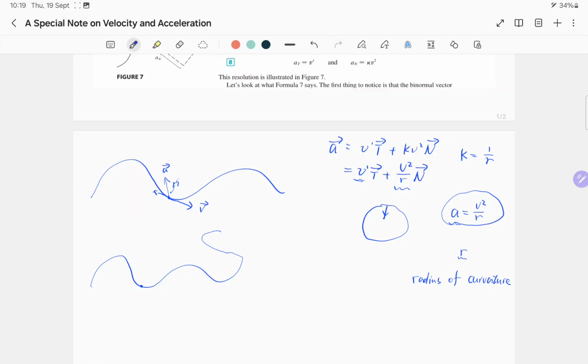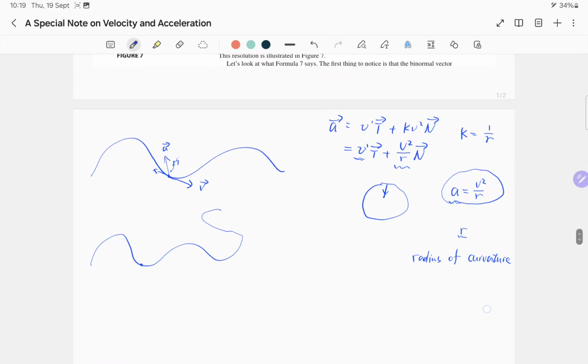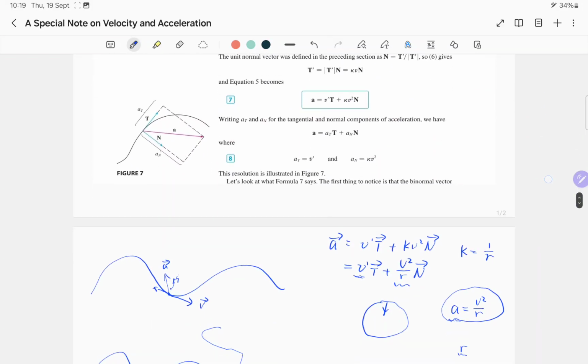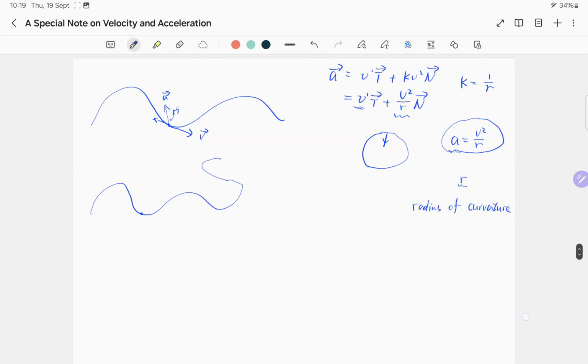At every point, we can treat it as a little part of a circular motion. Therefore, this is the famous circular motion theory on the normal component. This time, we used the mathematical method to prove that this theory is correct.